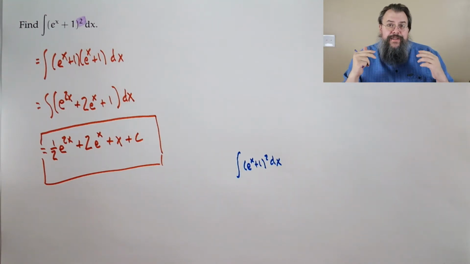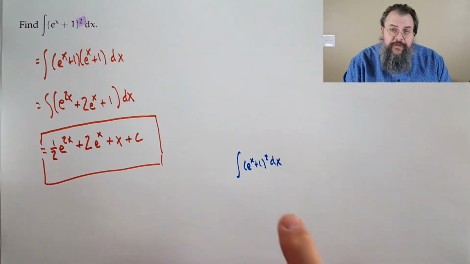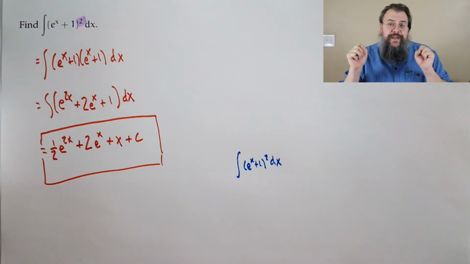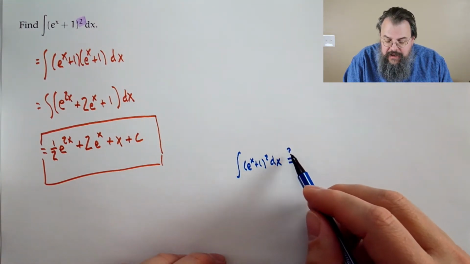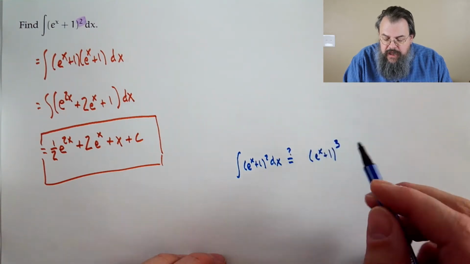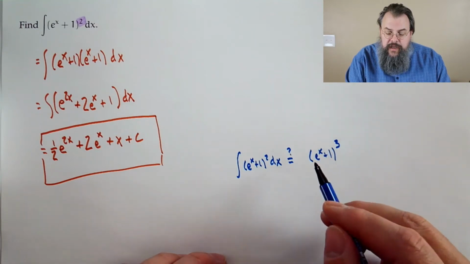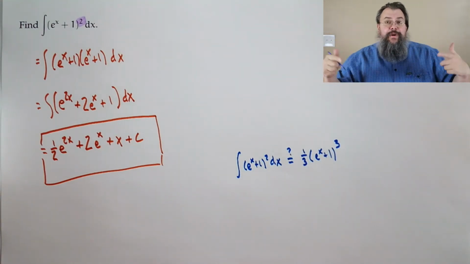Now, my chain rule hat says, oh, okay, so what I should do is I should think about taking the antiderivative of the outside function, which is like the square function, and okay, that would be the square function would be I cube it, but I leave the inside alone. Then I multiply by 1/3. And then I'm going to divide by the derivative of the inside.